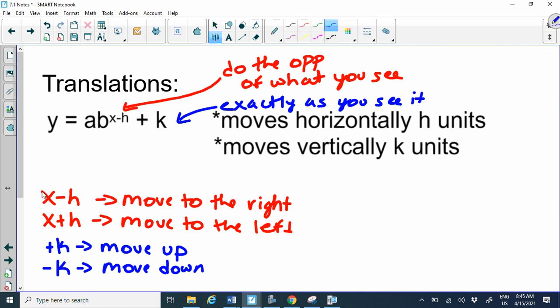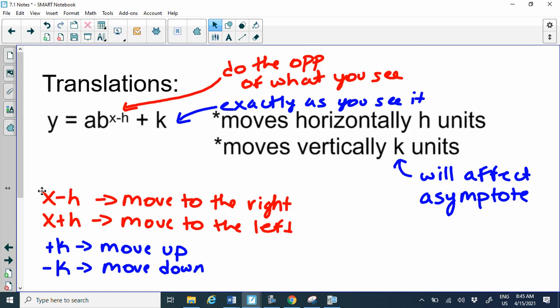What's going to affect our asymptote is the K value. So if you have a K value, that will move the asymptote. Okay, make sure you have this down on your notes.